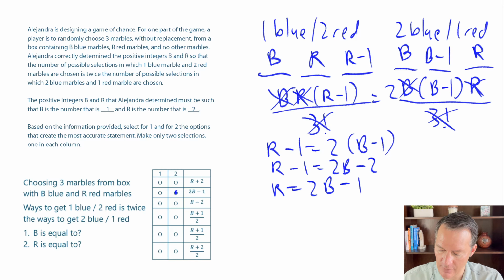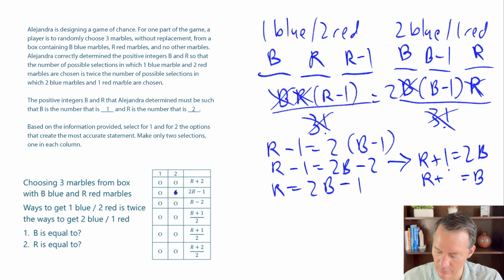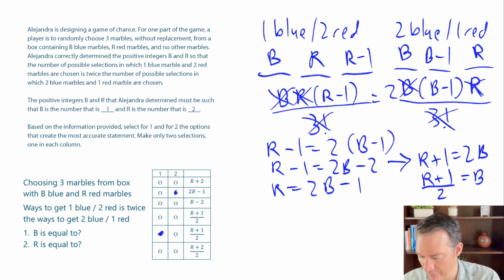And now we just want to solve for B. So if we add 2 to both sides, we have R plus 1 equals 2B. Divide both sides by 2, B equals (R plus 1) over 2. So that's the answer to the first question, right? Which is this one here, and we're done. We have both of our solutions.